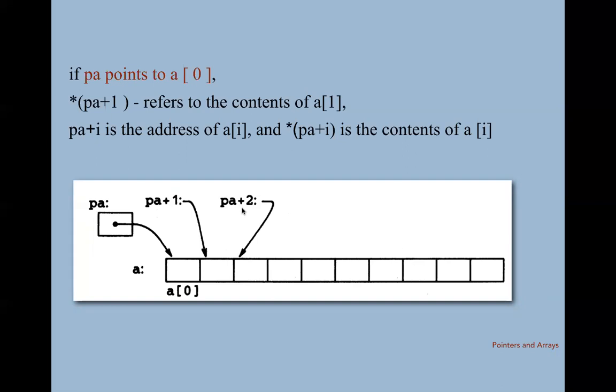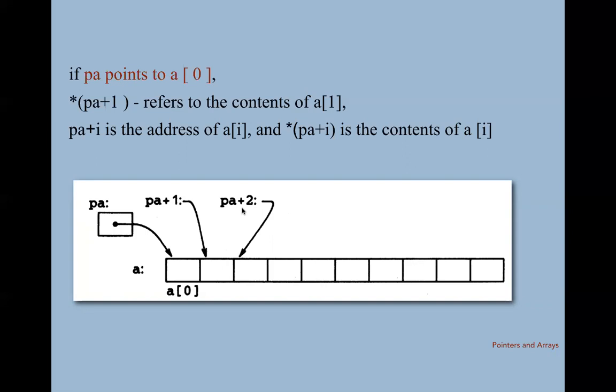Say it's a character array, and the first character array element is going to be PA. So what is PA plus 1? Say, for example, 1000 is the address of A of 0, where A is an array of characters. Now what is A plus 1? A of 0 plus 1 is going to be 1001, because a character occupies 1 byte of memory space.